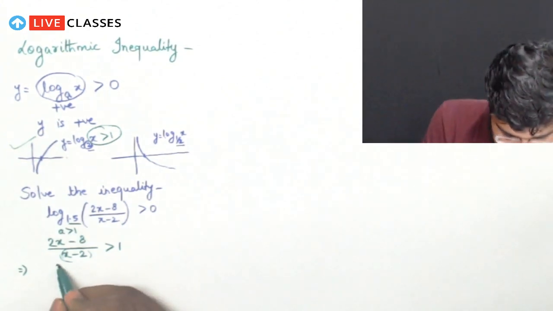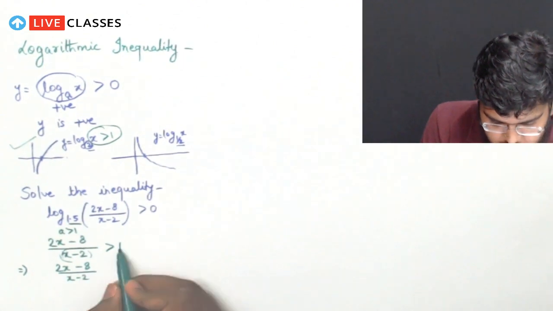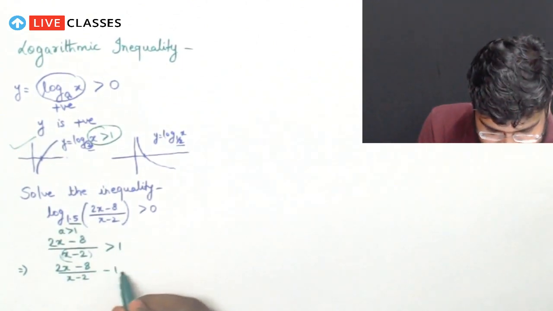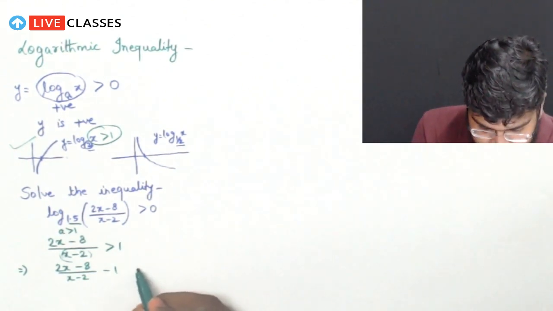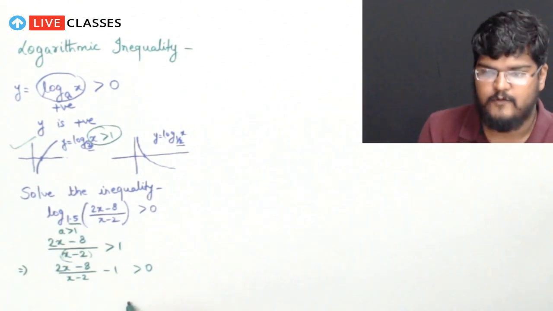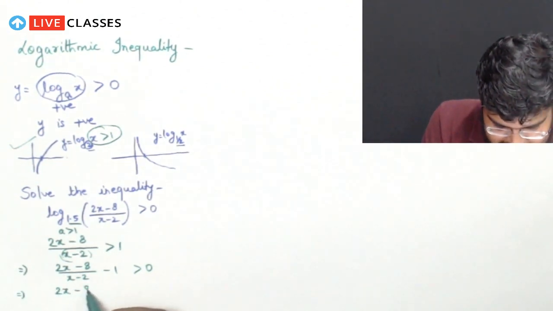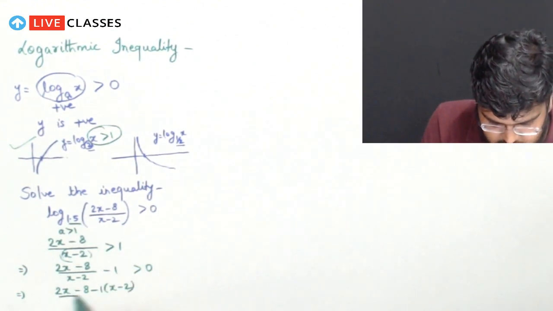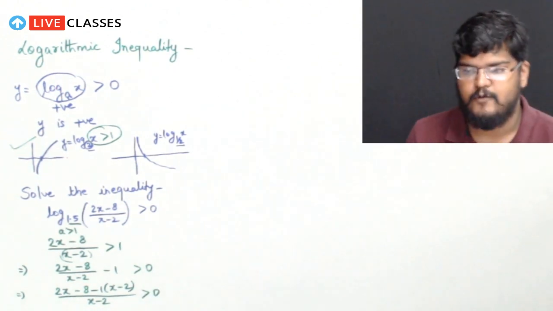However, what we can do is bring this 1 from the right hand side to the left hand side, and it will become (2x minus 8) upon (x minus 2) minus 1 is greater than 0. For further simplification, you can say that (2x minus 8 minus 1 times (x minus 2)) whole upon (x minus 2) is greater than 0.